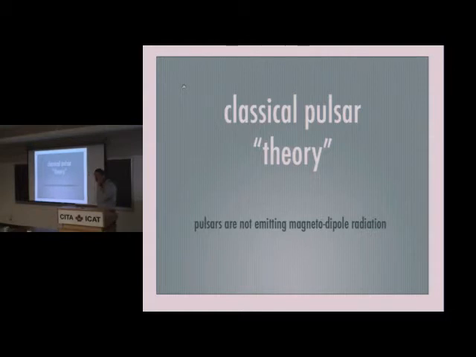So before we do our own pulsar theory, let's recall what's been done. Classical pulsar theory, its main message, coming back to mostly Goldreich and Julian, Wagner, and other people, the main point of this classical pulsar theory is that pulsars are not magnetic dipoles. They are in fact surrounded by not vacuum.